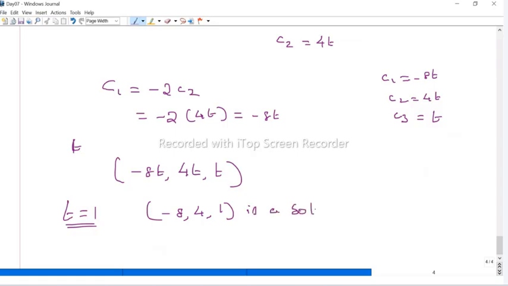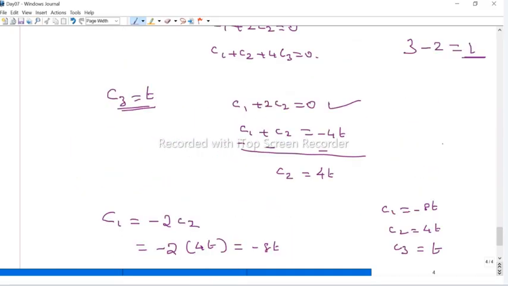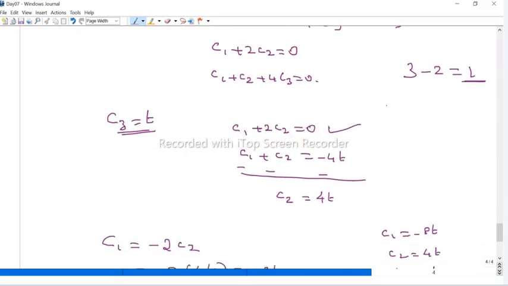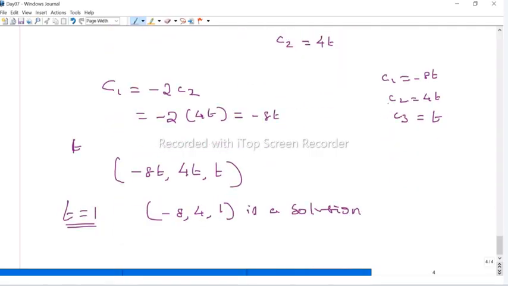Clearly it is a solution of the system. We call this equation 1. So this has a non-trivial solution. Non-trivial solution means at least one coordinate is non-zero, and here all the coordinates are non-zero. So this is a solution of equation 1.